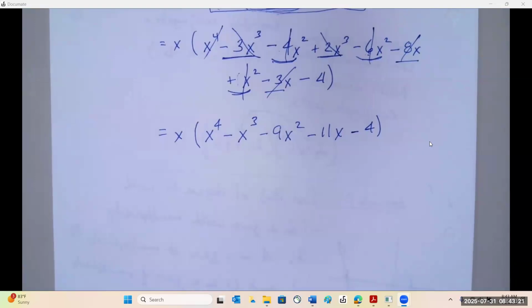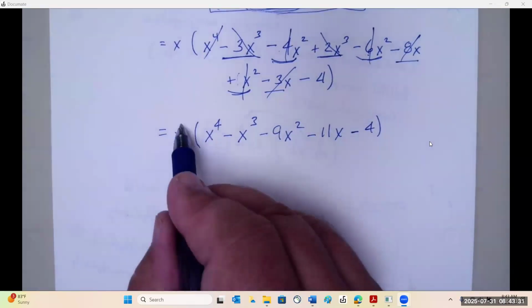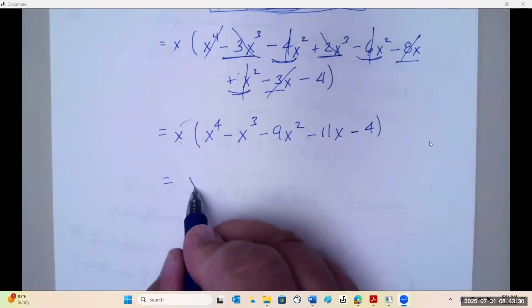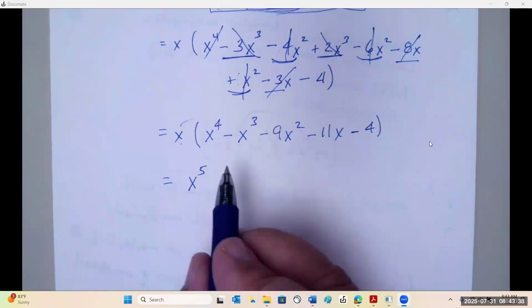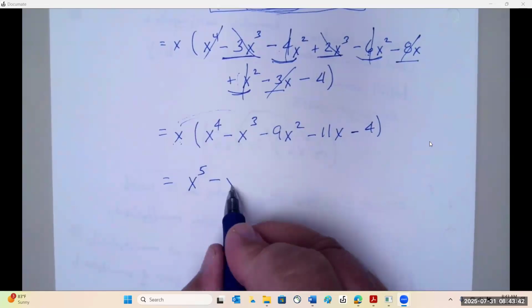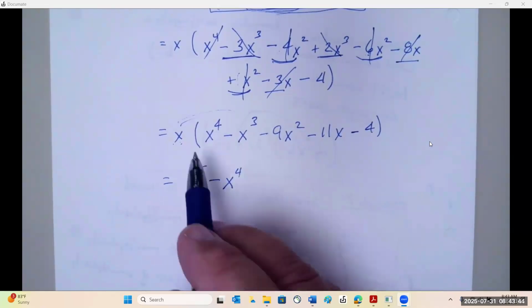Is anybody having trouble with the multiplication here, the distributive property? What's my last step? Multiply everybody by x. X times x to the fourth is x to the fifth. Positive, negative is negative. X times x to the third is x to the fourth.